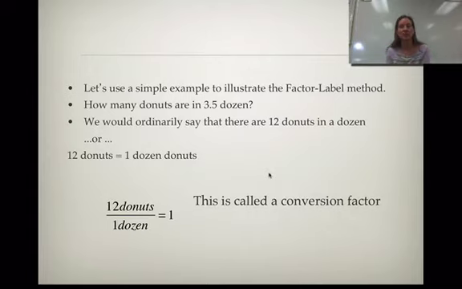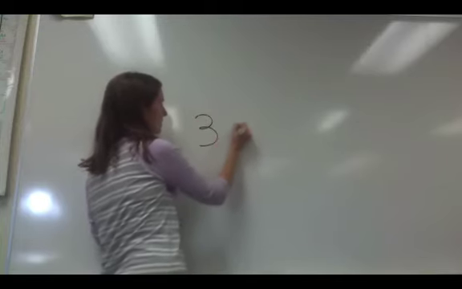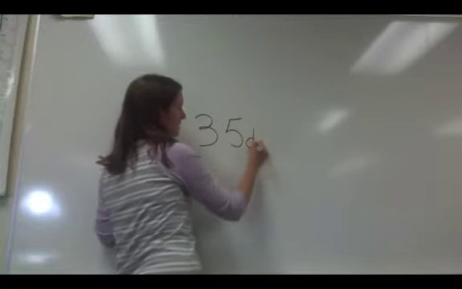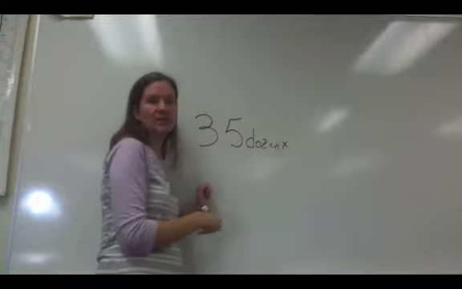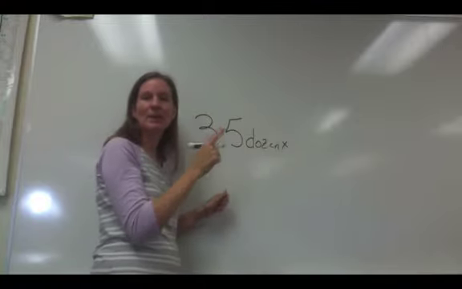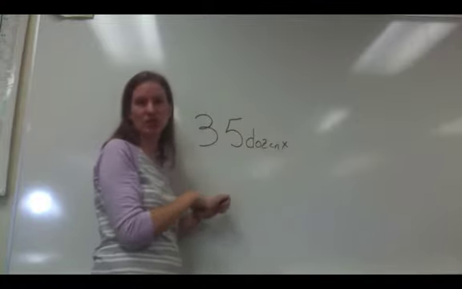It allows you to convert from one dimension to a new dimension using a relationship that you know, like 12 donuts is 1 dozen. So to solve this particular problem, how many donuts are in 3.5 dozen? If you take 3.5 dozen and multiply by your conversion factor, you're essentially multiplying by 1, but it will allow the units to change.